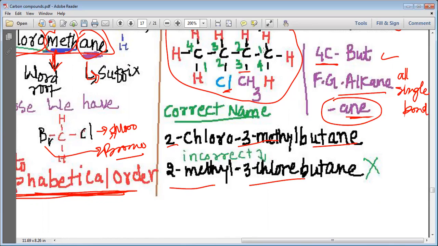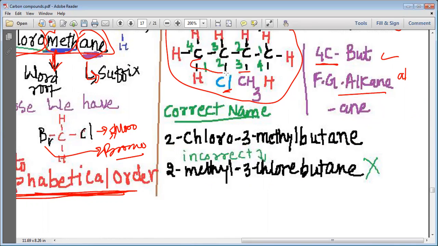If we start giving numbering from here, we will give 1, 2, 3 and 4. So we have two ways to give the numbering, but this numbering is correct and this numbering is considered wrong, because by following alphabetical order, chloro comes first, C comes first and then M in the alphabet. So we give preference to chloro.